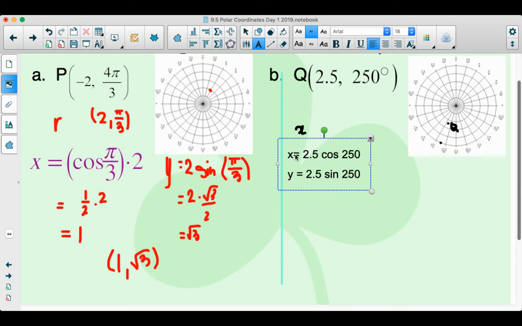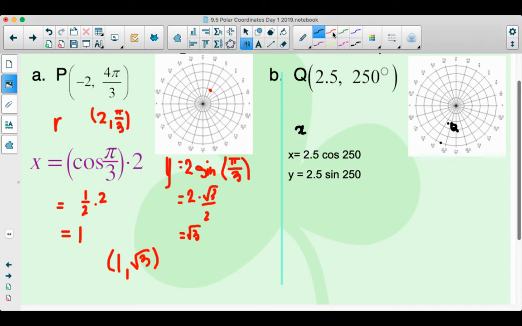We're going to grab our calculator and make sure it's in degree mode because this is in degrees. And we're going to take 2.5 times the cosine of 250 and 2.5 times the sine of 250.